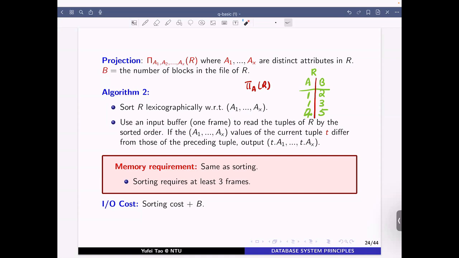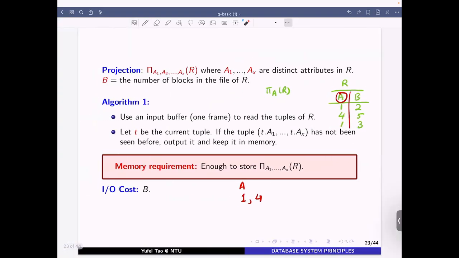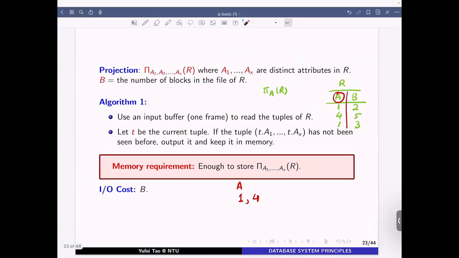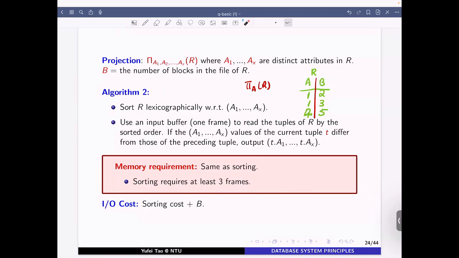After sorting, everything else becomes simple, and it suffices to do just one more pass, one more full scan. However, this full scan is different from the full scan we performed in algorithm 1, because here we no longer need to remember the entire result of this projection.